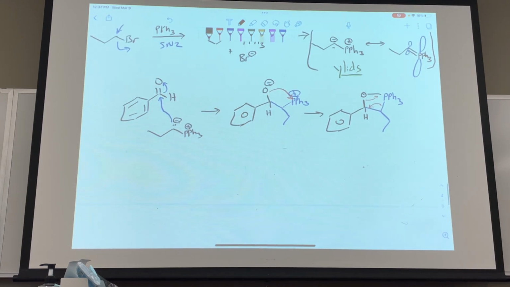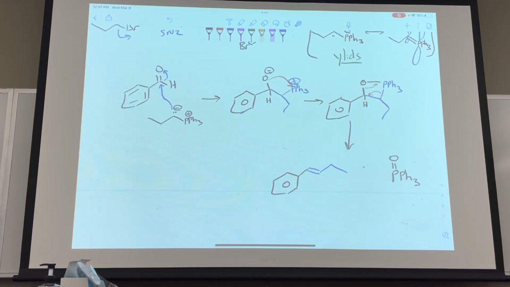At the end of all of this, we end up with, number one, the triphenylphosphine oxide. That's the compound that has the phosphorus-oxygen double bond. But more importantly, what we care about is we have brought the two pieces, the alkyl halide that I'm showing in blue, and the carbonyl, which I'm showing in black, we're joining them together through the double bond.